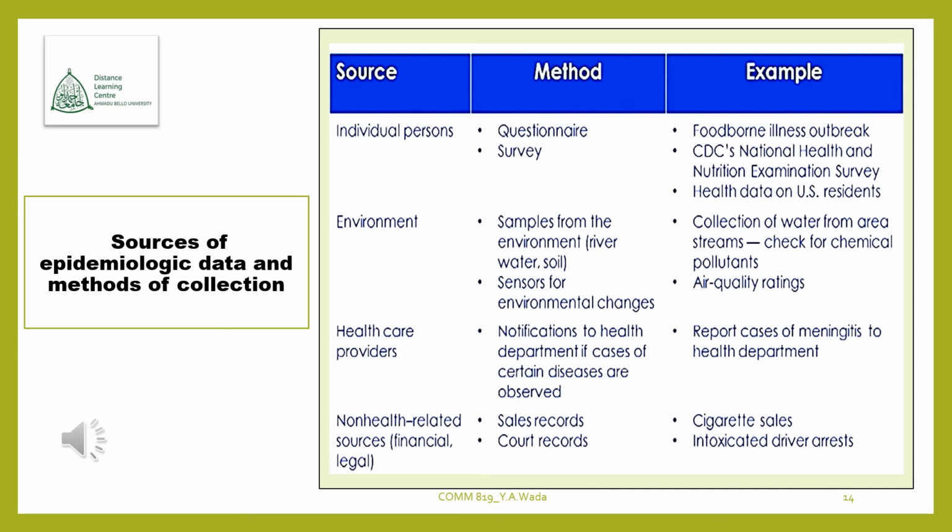Then environmental data. Usually these are collected in multiple different ways. For example, an epidemiologist might collect samples from a river to test for the presence of certain toxins. Then three, healthcare providers collect a considerable amount of data and record these in clinical records, which can be used or accessed by an epidemiologist.